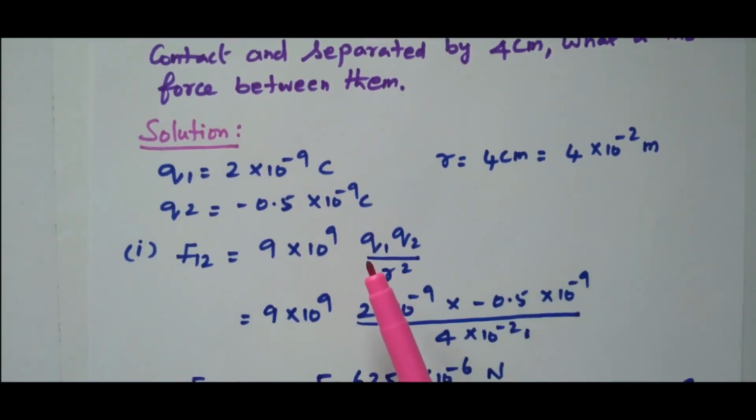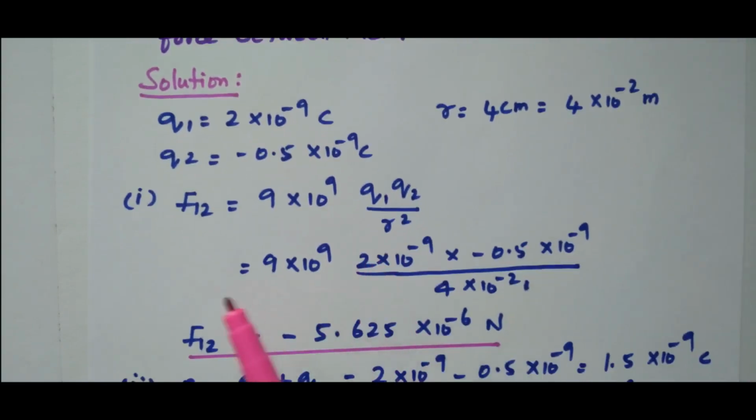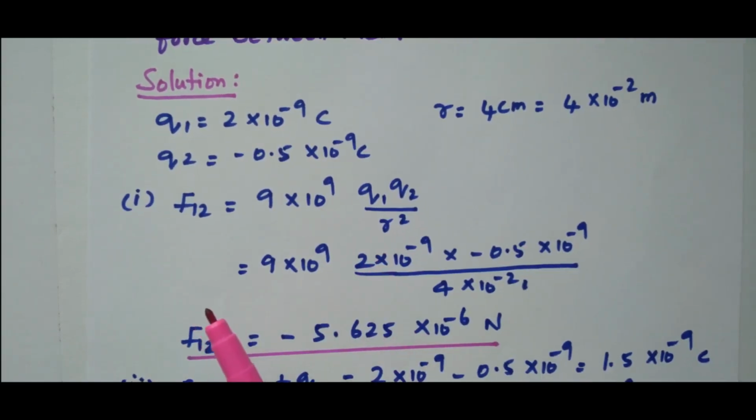So before being brought into contact, first we will find the force between the two charges. We can take these values as they are. Q1 is 2 into 10 to the power minus 9. Q2 is minus 0.5 into 10 to the power minus 9. Right? The formula is 9 into 10 to the power 9, it's a scalar, not a vector, into Q1 Q2 divided by r square.